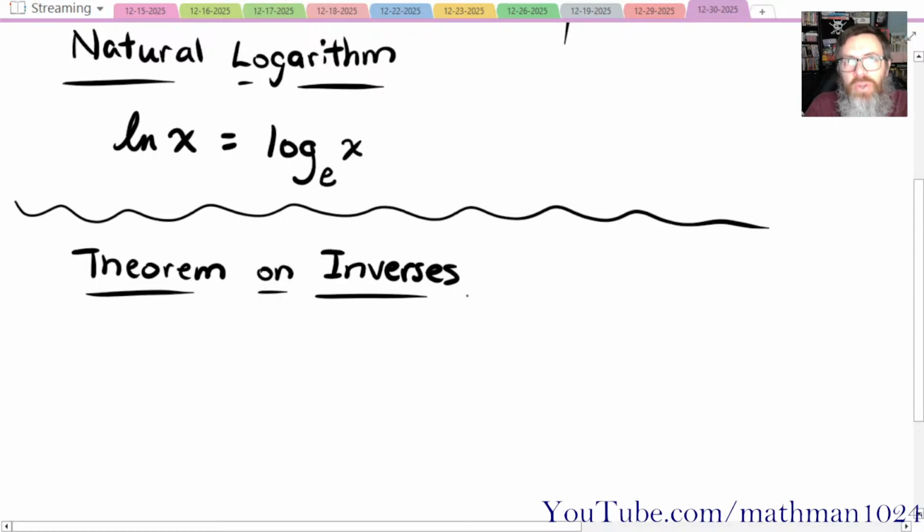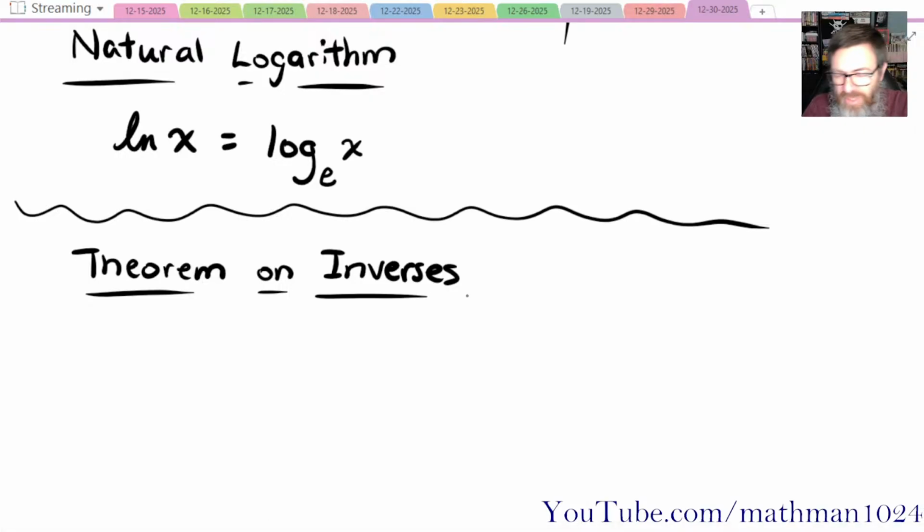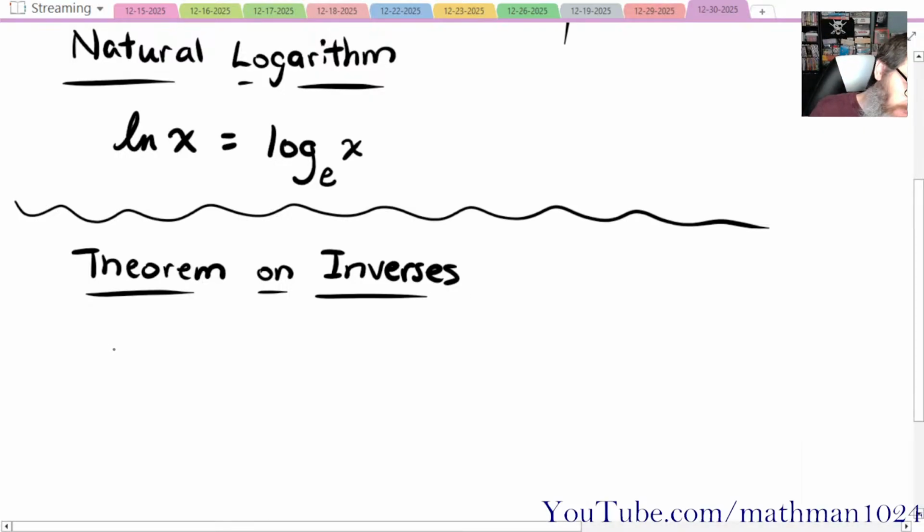So this kind of goes to what we said before, how logarithms are the inverses of exponentials and vice versa. So if I do log base a of a to the x, I get x.